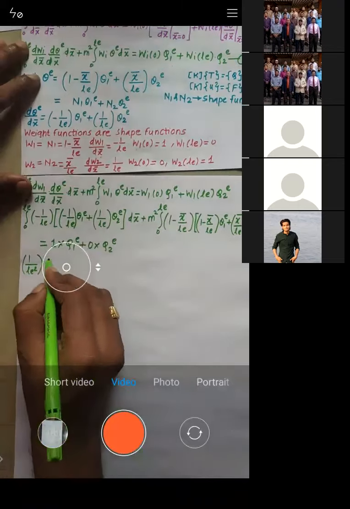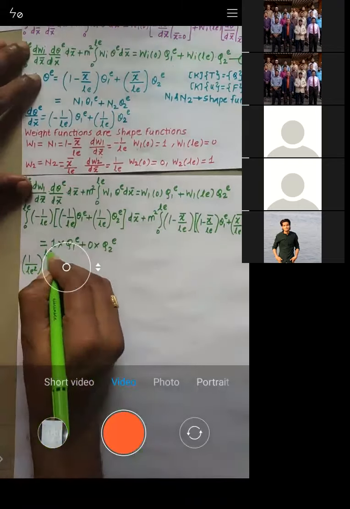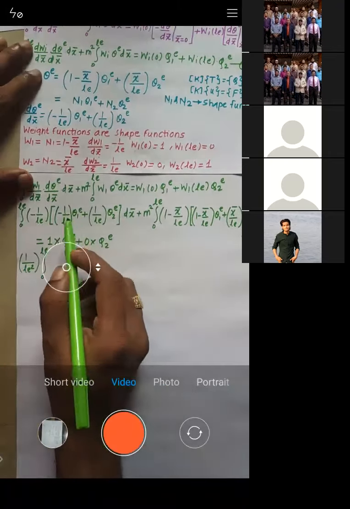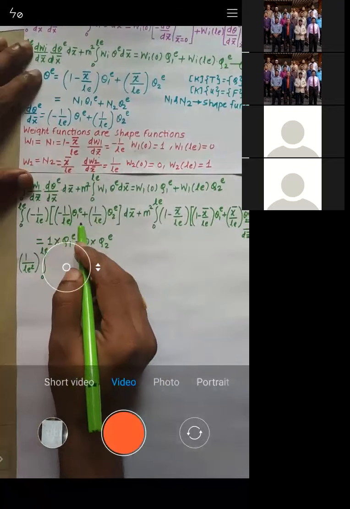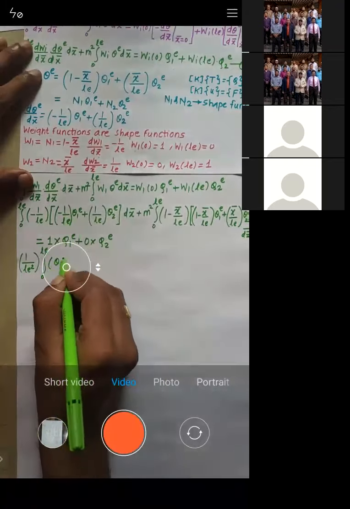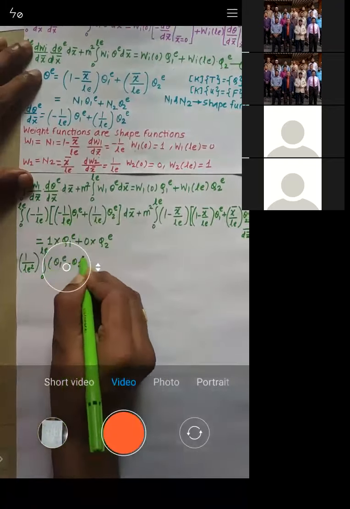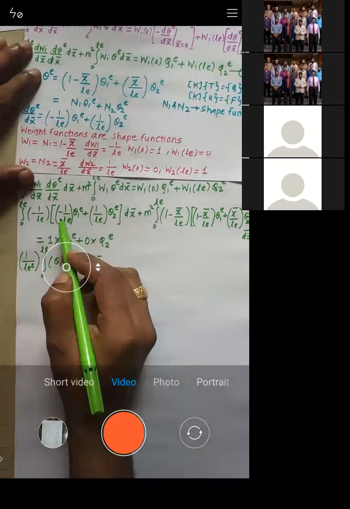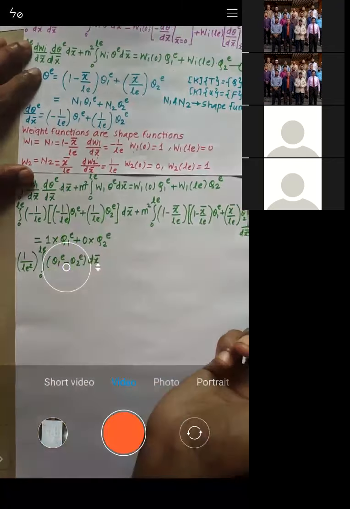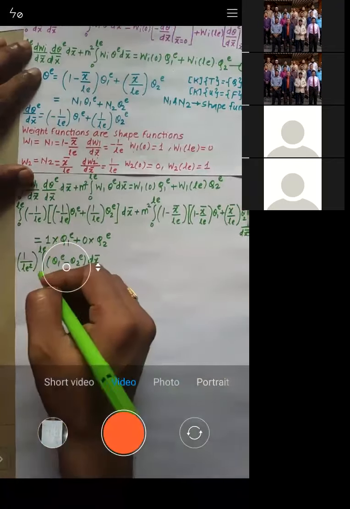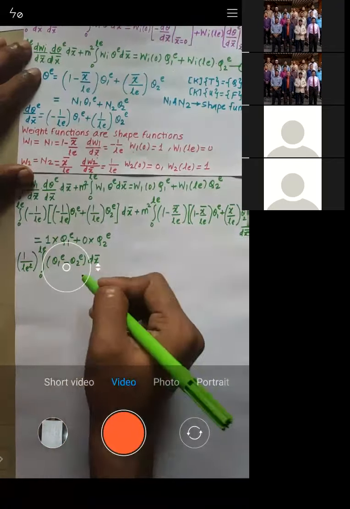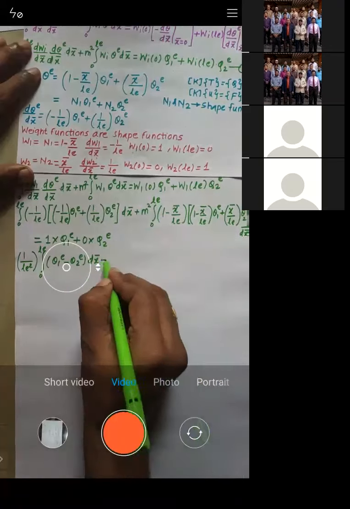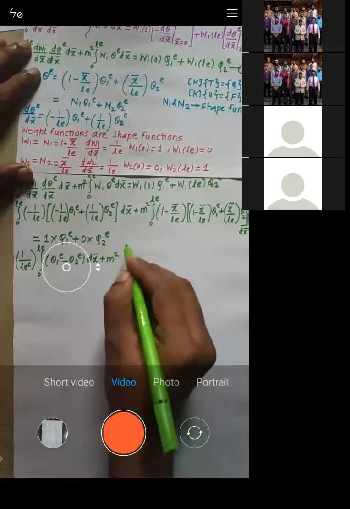What is remaining is integration 0 to LE of theta 1 e minus theta 2 e into dx bar. Try to understand, minus 1 by LE we are taking common. So you'll get minus 1 by LE square, integration 0 to LE of theta 1 e minus theta 2 e into dx bar, plus m square.